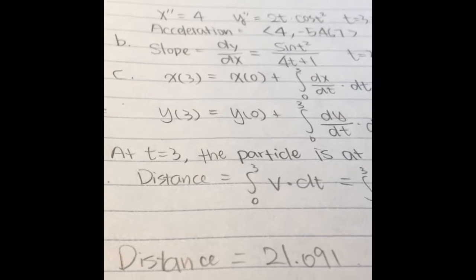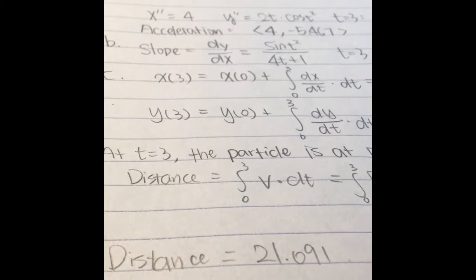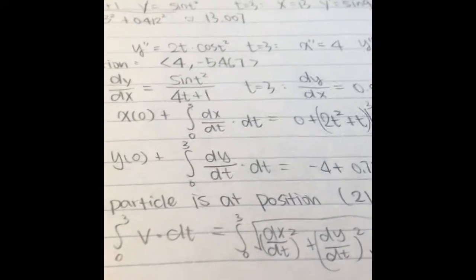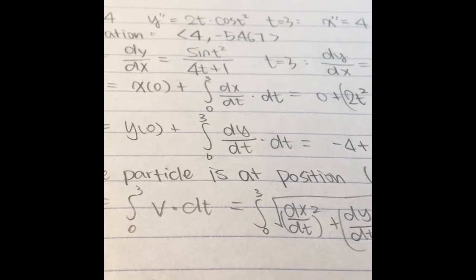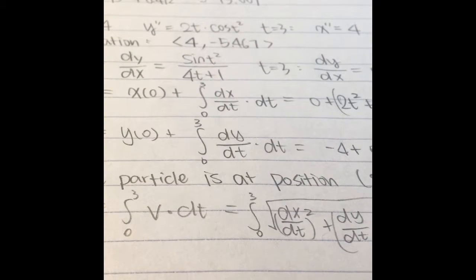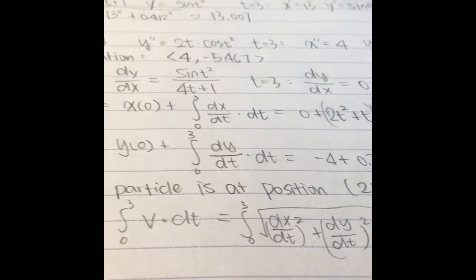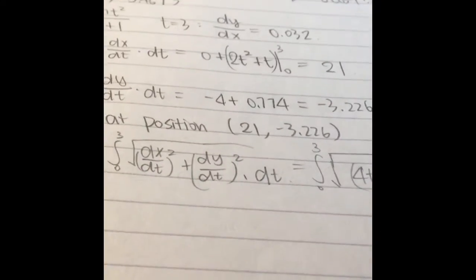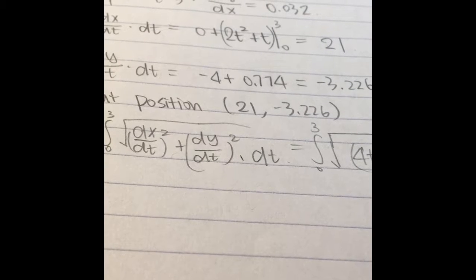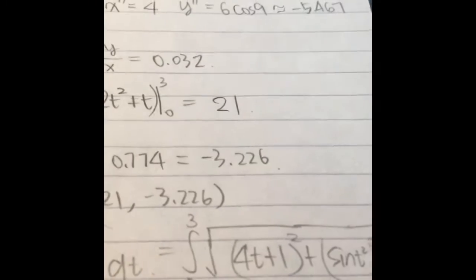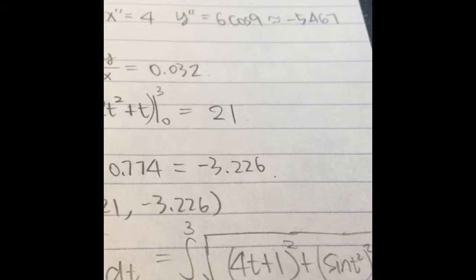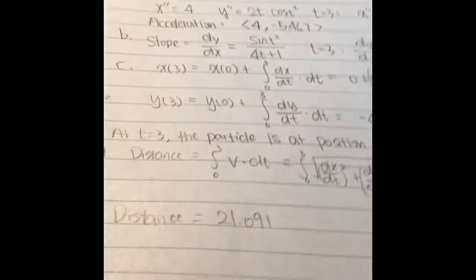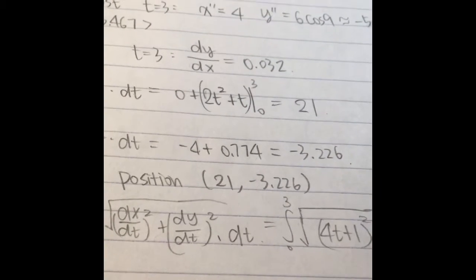The same thing for y: y at 3 equals y0 plus the integral from 0 to 3 of dy/dt times dt, and in the question, y0 is negative 4, so negative 4 plus 0.774, which is negative 3.226.